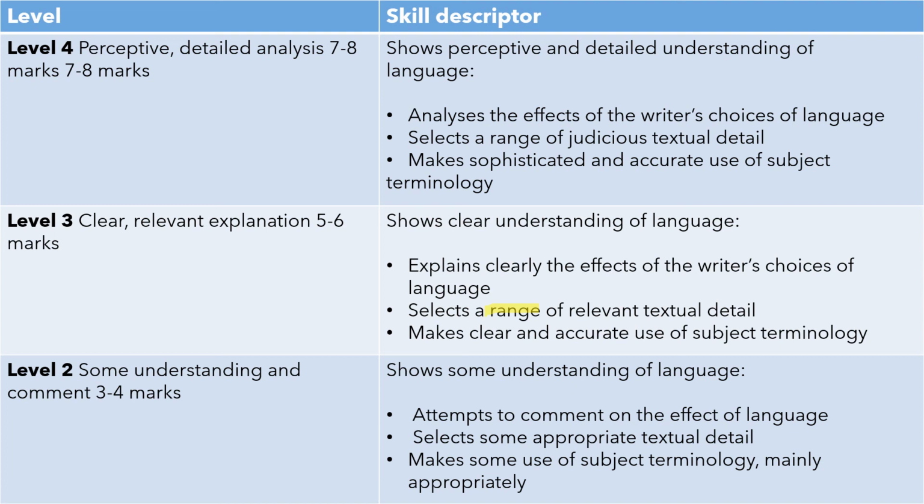And it's this difference between words like some and attempts that tells us that the person's not really doing thorough analysis when they come to the question. So when you are attempting this question, you need to be aware of what is available on the mark scheme, and you need to think very carefully about what you need to do in order to get the best marks possible.